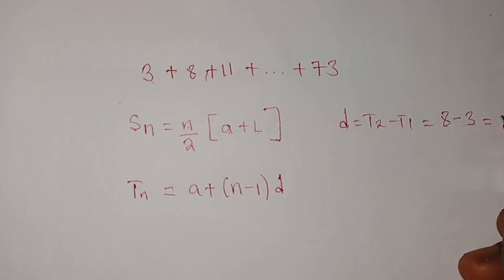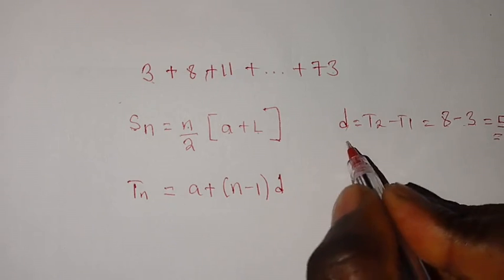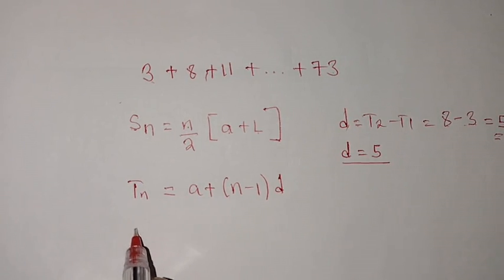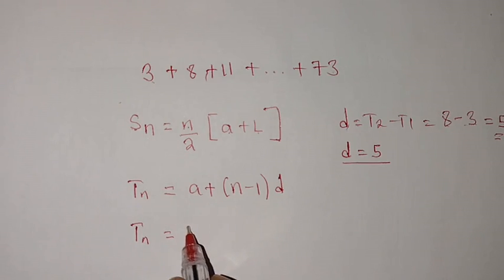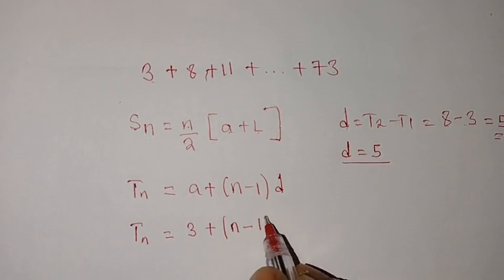So 8 minus 3, the common difference will be 5. So d is equal to 5. We say T subscript n equals a, the first term, which is 3, plus n, the one that we want, minus 1, d is 5.